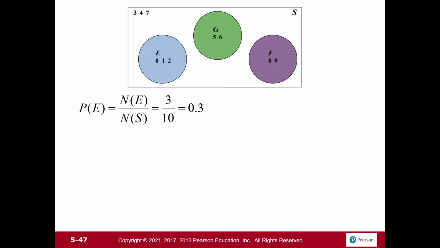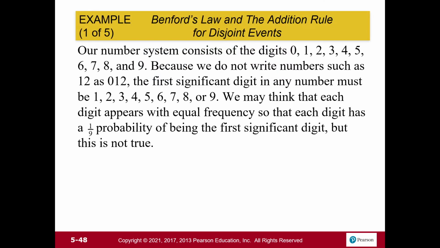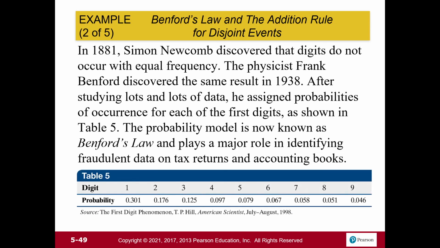Here's another case. Here is our addition rule at play. So it says in 1881, Simon discovered that digits do not occur with equal frequency.